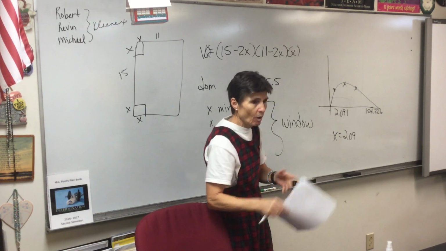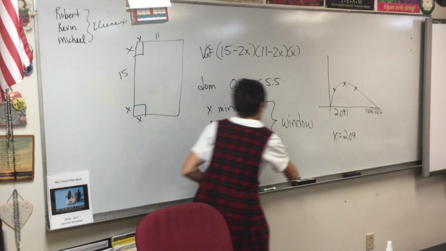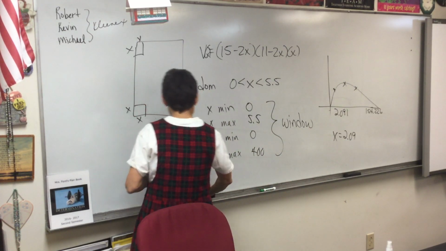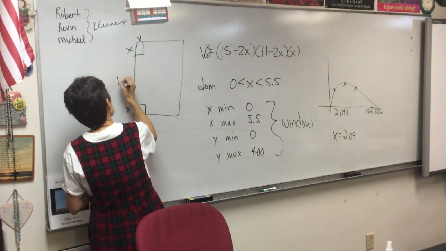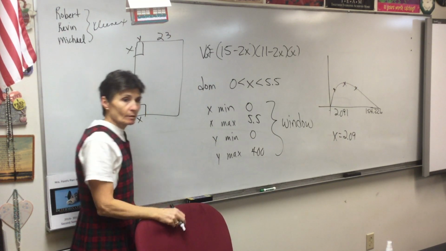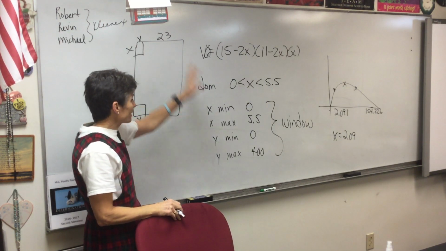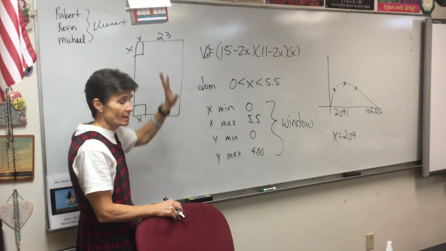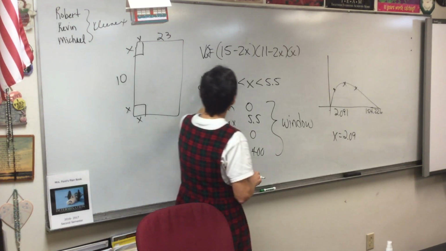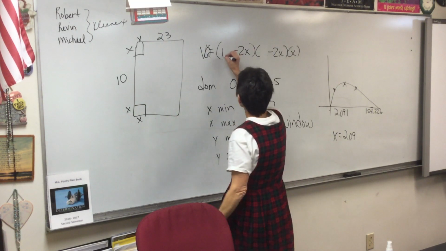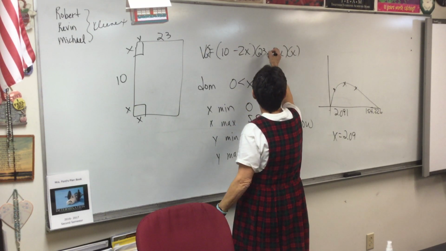Here we go. All right, so Austin, all I'm going to do is change these two numbers. I'm going to make this a 10 and this a 23. Now, how is that going to change what I did? Well, I'm going to have a different equation.